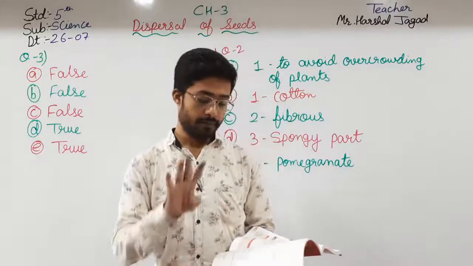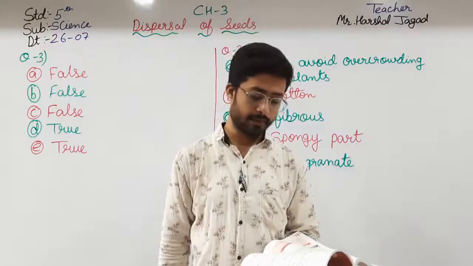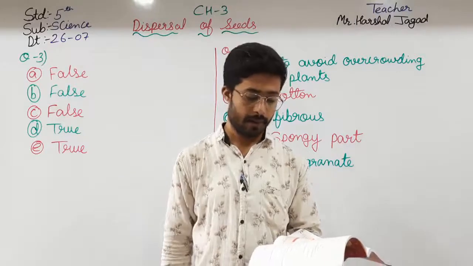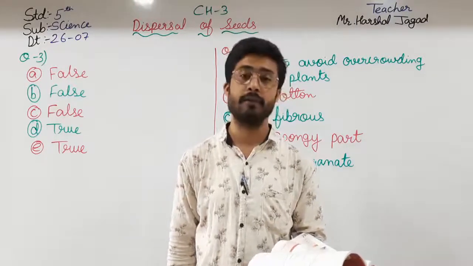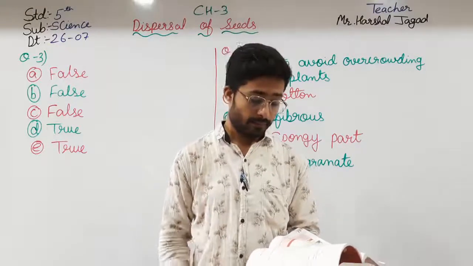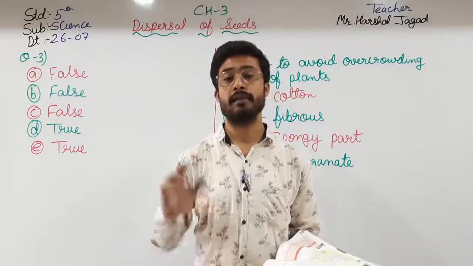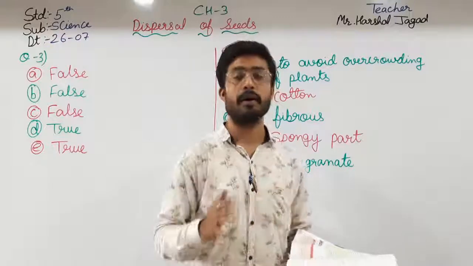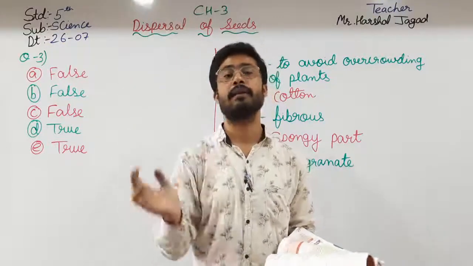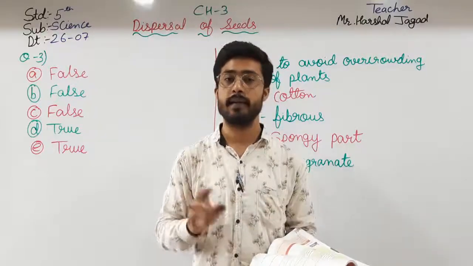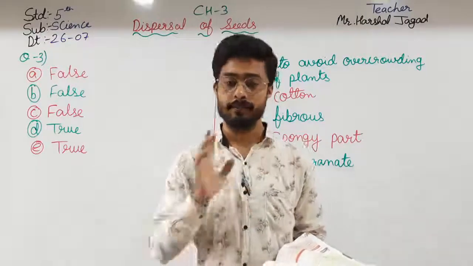Fourth one, how do coconut seeds get dispersed? Why is this the most suitable method of dispersal for coconuts? They are dispersed by the water. Because they fall directly into the water, and they travel thousands of kilometers, and the plant grows over there.